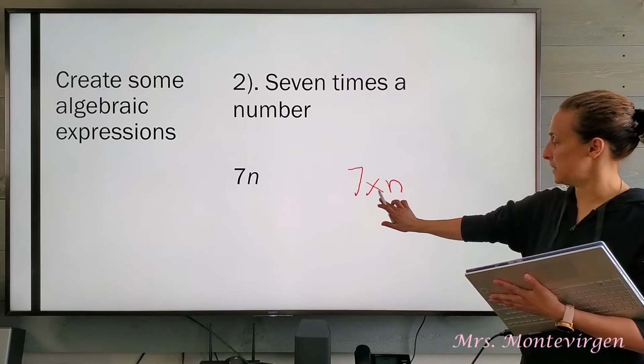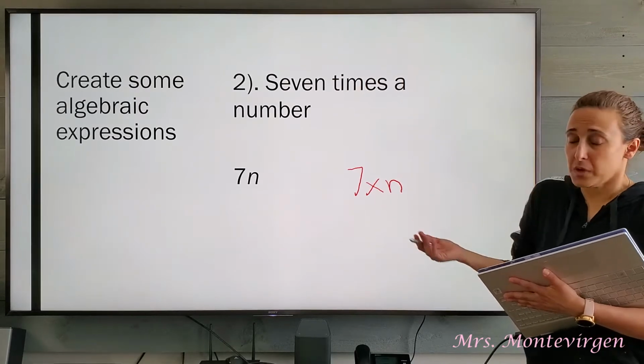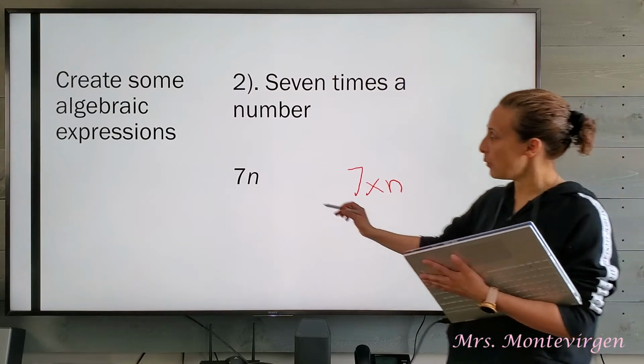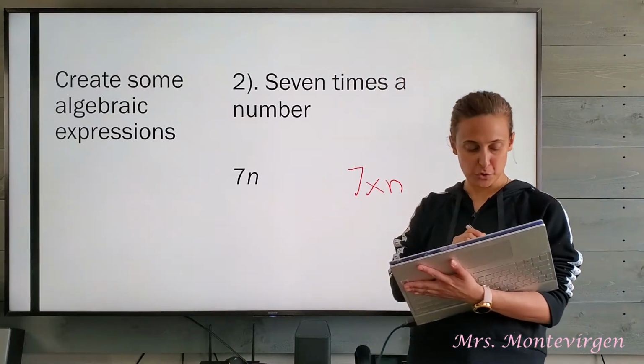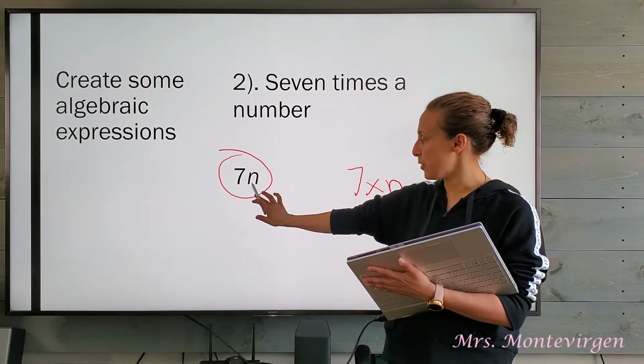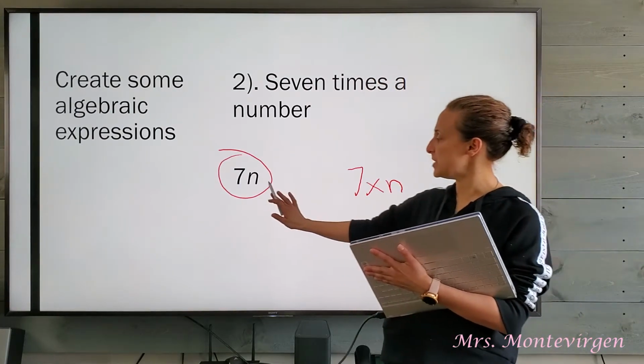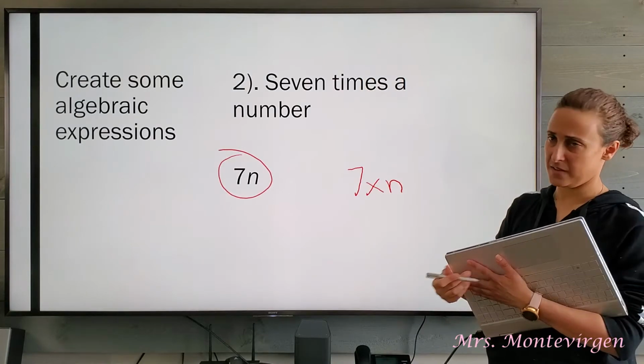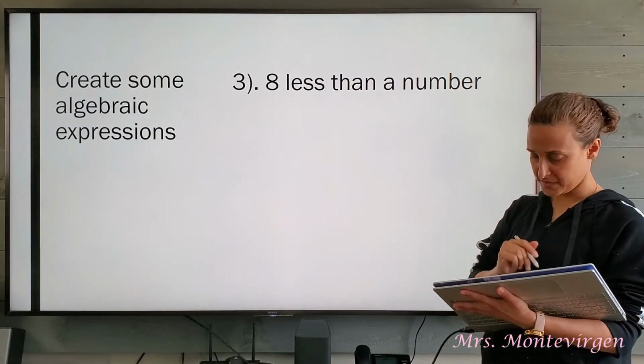So they'll actually put the multiplication sign in there. You can do it, it's completely fine, but it's just very, very rare to do. I would rather see you get used to writing the algebraic expressions like this and know that between my variable and my number, there is a multiplication sign in there. Let's go on to the next example.